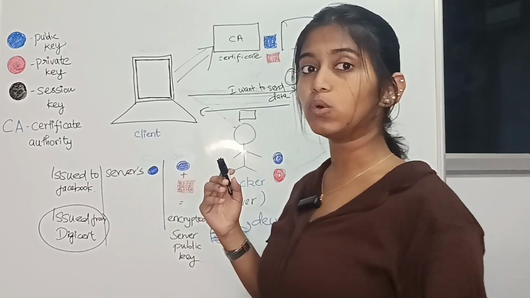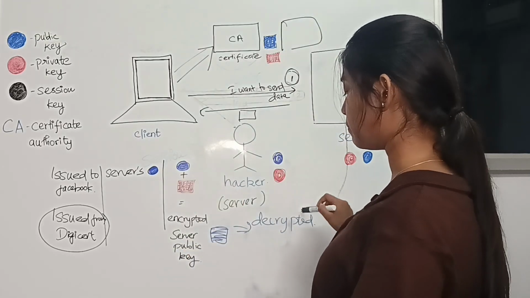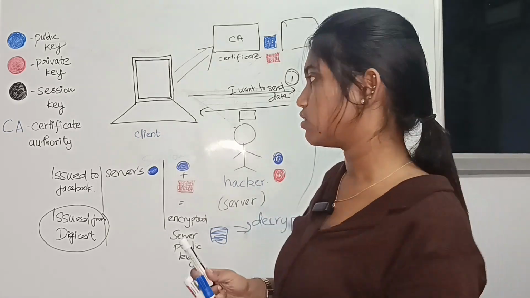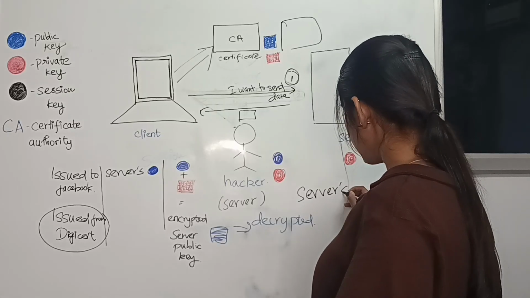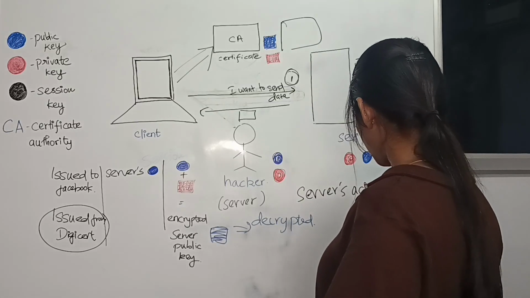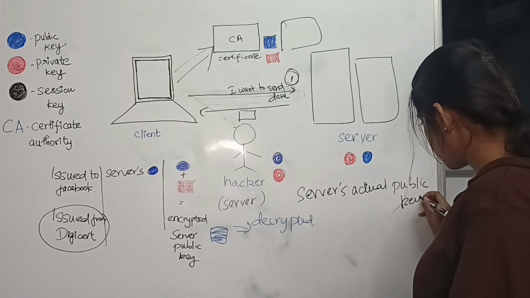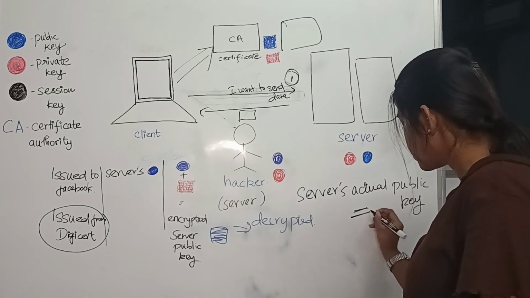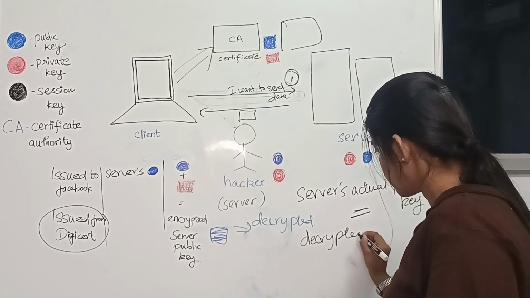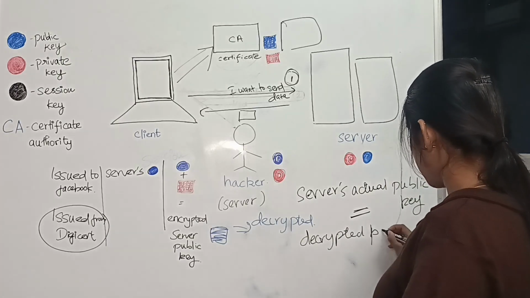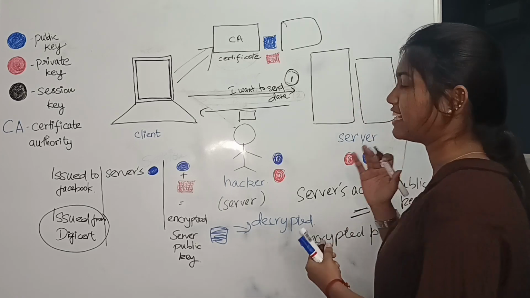One thing, we'll have to validate this. How will you know that the decrypted server's public key is the actual server public key? If the server's actual public key is equal to the decrypted public key, then we can tell the right one has reached the client.